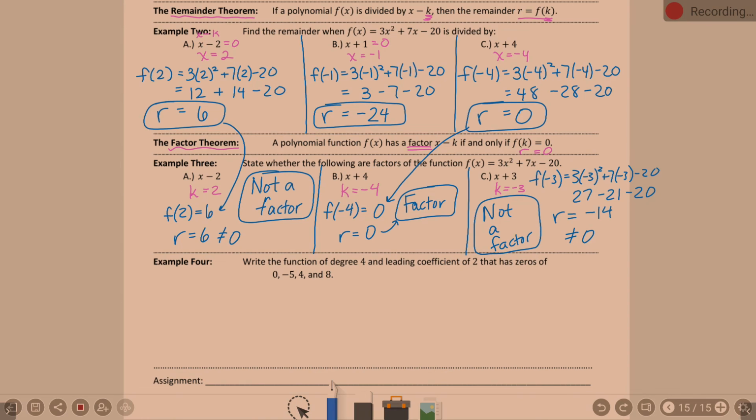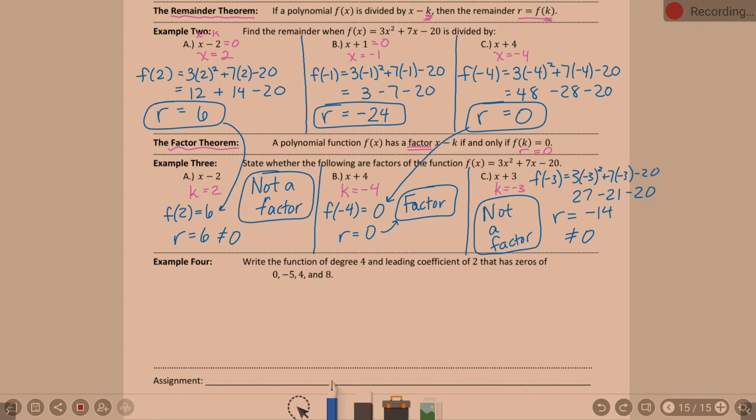Yes. Okay, so on a test, if it's asking if it's a factor or not a factor, if all we do is put it in the calculator, will we get points off? Or even on homework? I would need you to show, at least tell me what the remainder is as your proof that it's a factor or not a factor. So for this last one, if you said f of negative 3 equals negative 14 and then said not a factor, I would accept it, because I would get that somehow you did the math to come up with that.